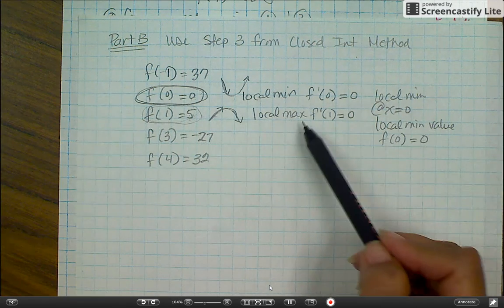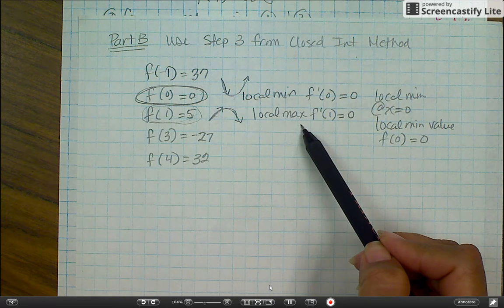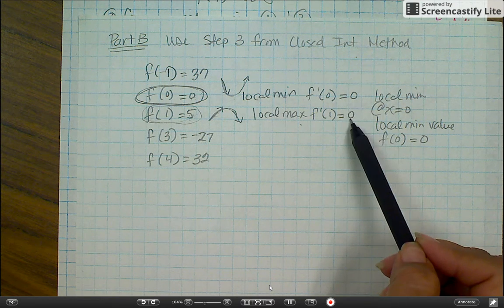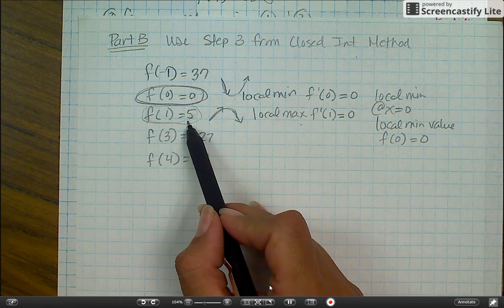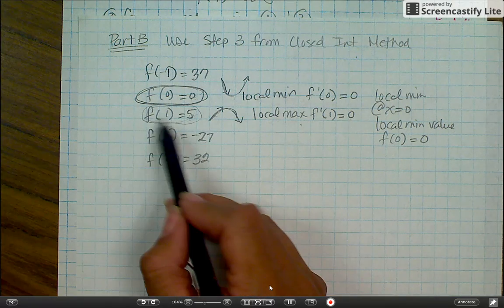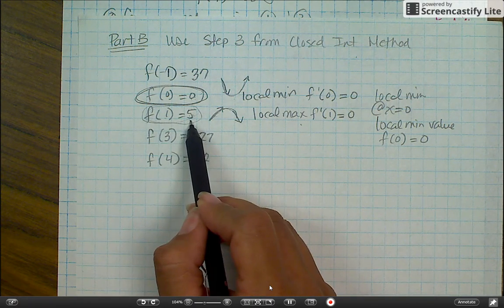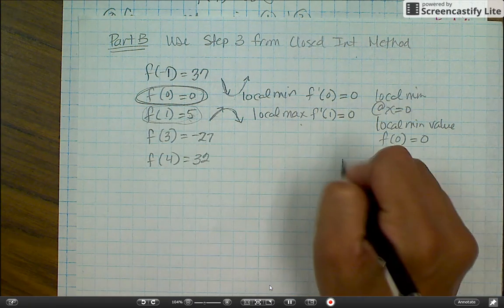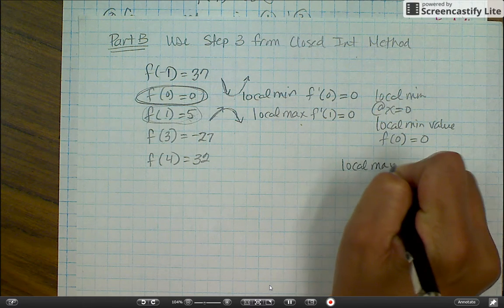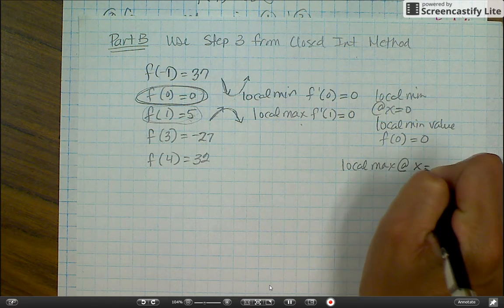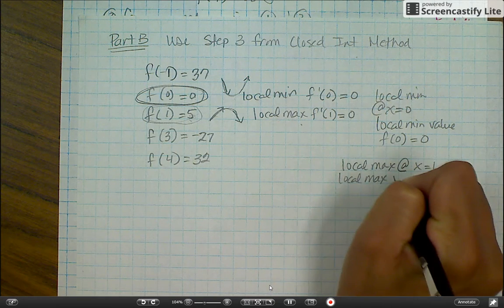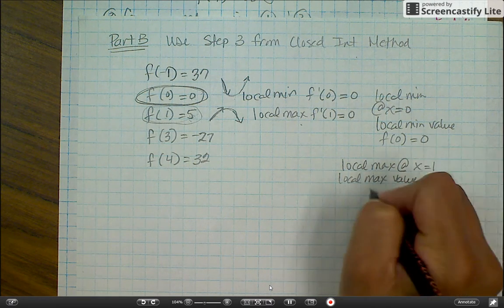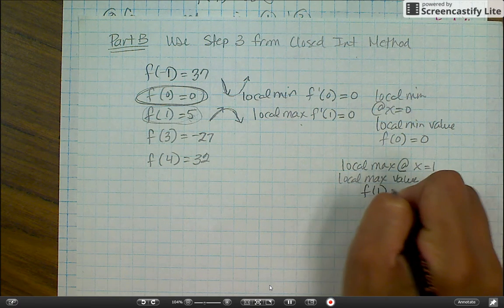Remember that for local extrema, the derivatives have to be equal to 0 or not exist. So I have a local max at x equal to 1, and the local max value is f of 1 equal to 5.